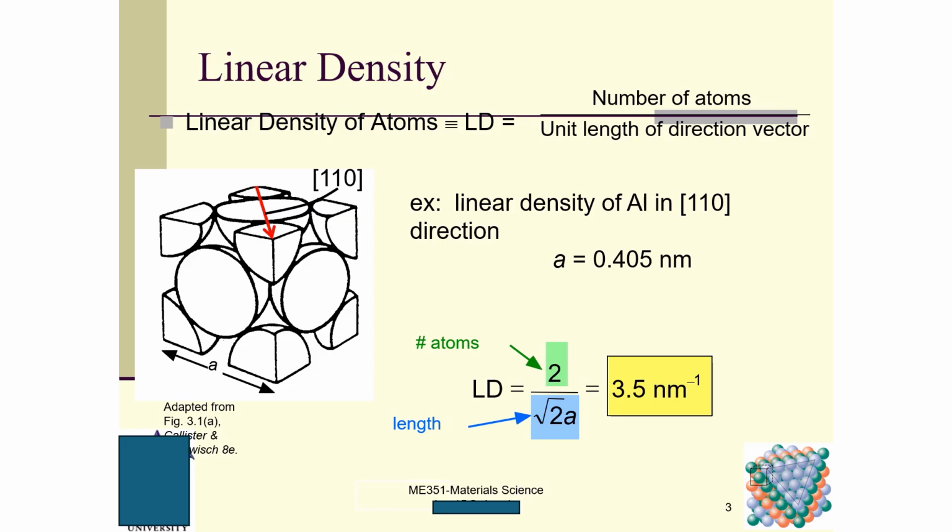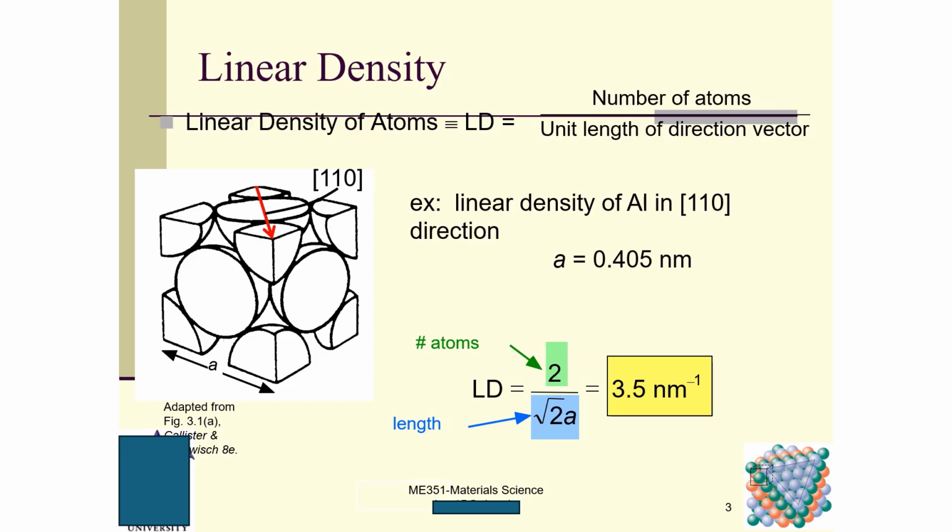Then, without any questions about the numerator, for the denominator we just go by the definition: the unit length of the direction vector. First of all, you should know that this is a vector.